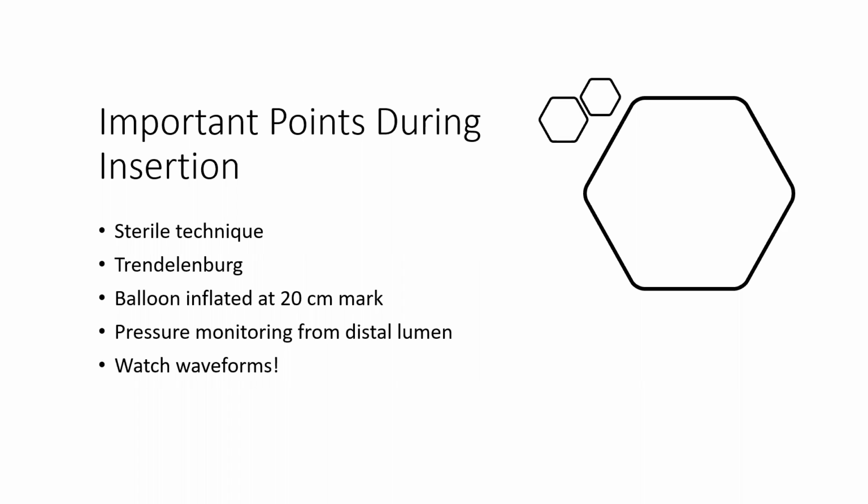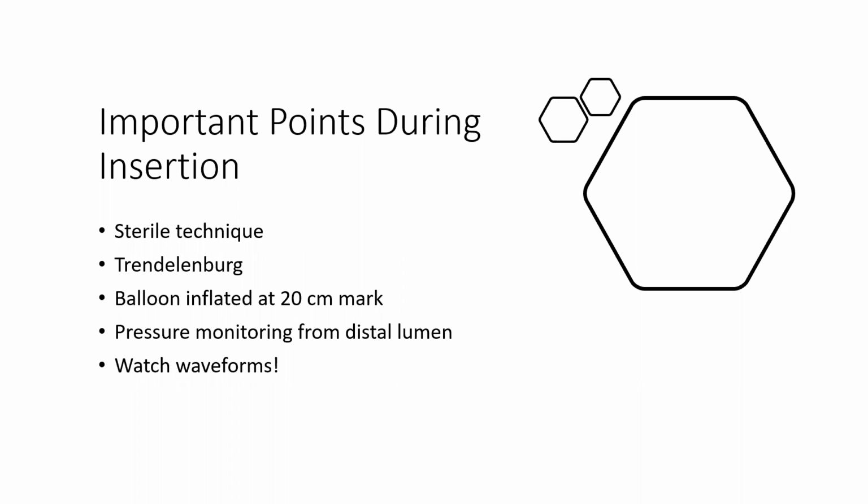But basically, if we want to facilitate access into the veins in those particular areas, usually Trendelenburg position is favorable. Now, after inserting the pulmonary artery catheter at the 20 centimeter mark, note this, once the catheter is at the 20 centimeter mark, the balloon is inflated with air.